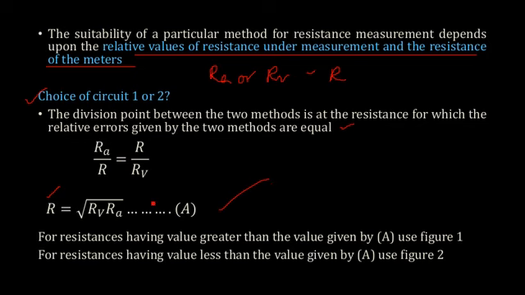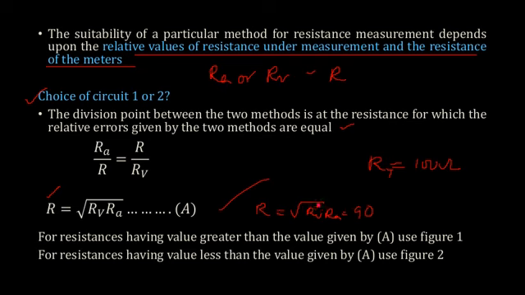Now what is the concept of this particular equation? For resistance values greater than the value given here, say you have some unknown true value equal to 100 ohm, and from this equation you are getting R equal to the square root of RV into RA equal to 90.